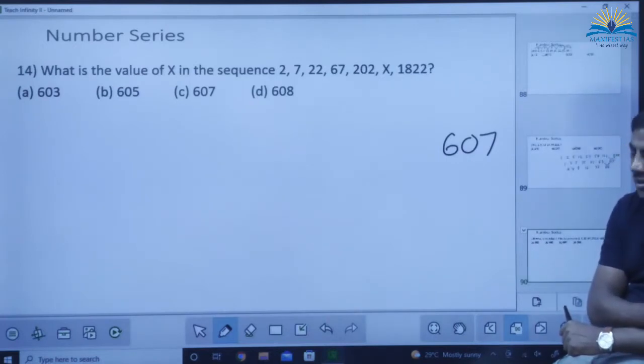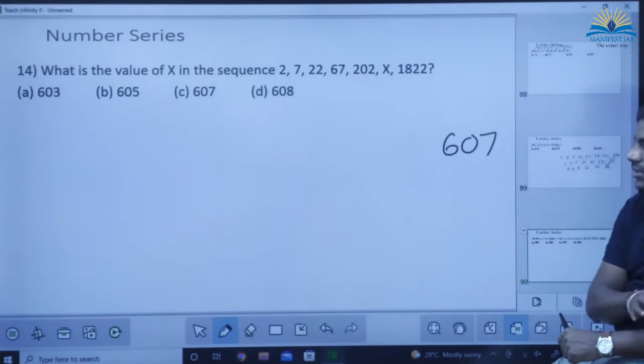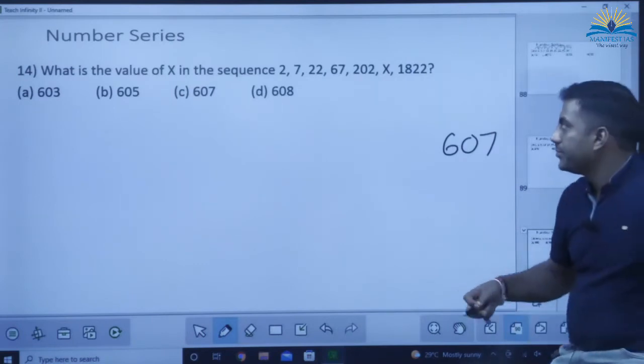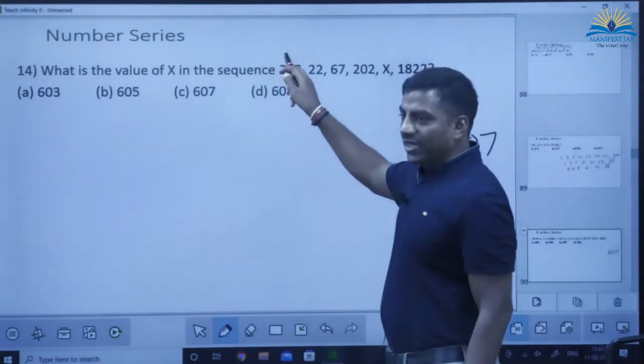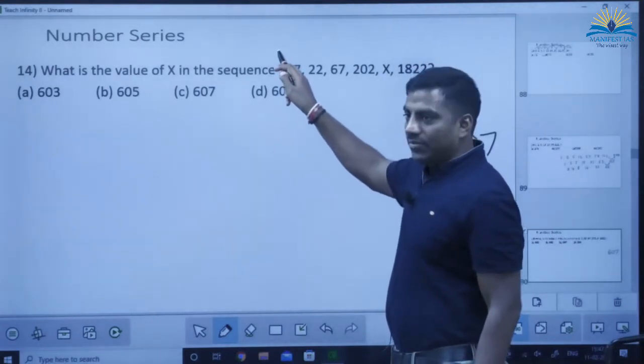Tables of 5. Very good. 5 ones are, 5 twos are, 5 fives are, minus 3. Then 5 30, 5 14s are. Yeah, your thinking is correct. Here you are telling, let's say this is 5 ones are 5, minus 3.